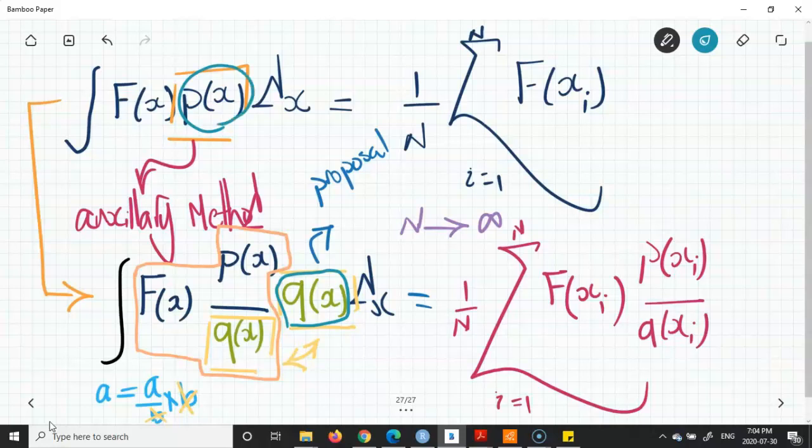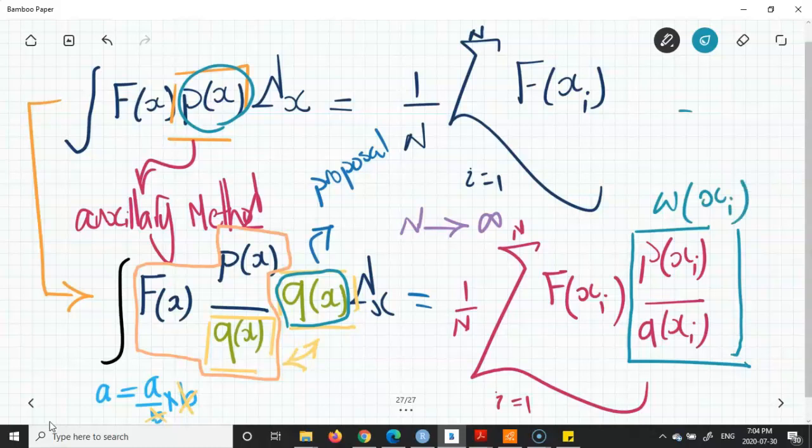Okay. Before we move on to do some simulation on the R, we will see that we have this term, p of x divided by q of x, which we can call w of xi.